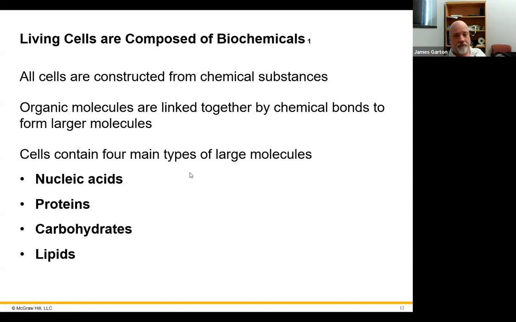The four basic types of macromolecules that living things have are nucleic acids, proteins, carbohydrates, and lipids. Each of these big groups of molecules plays a certain role in the organism's body.